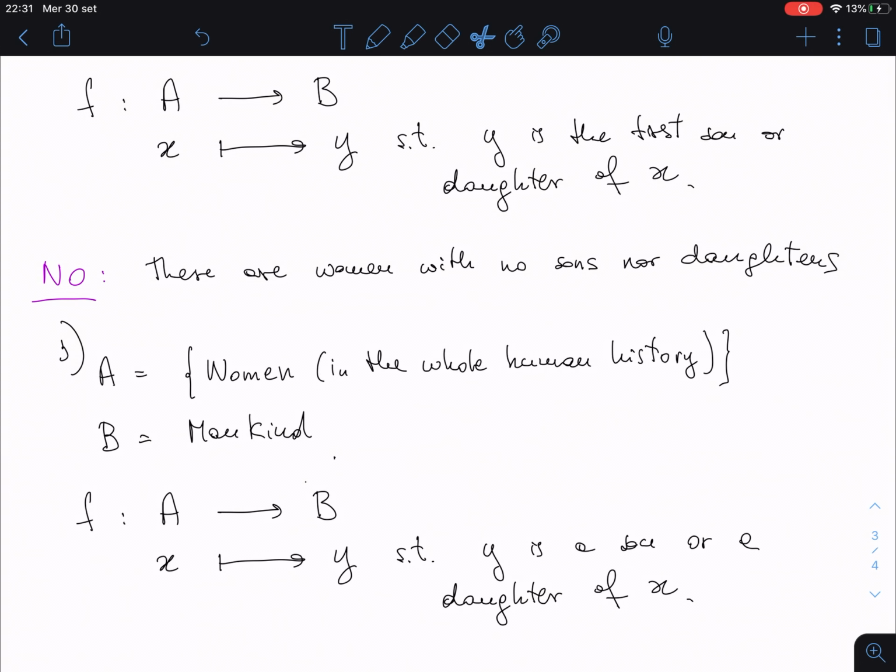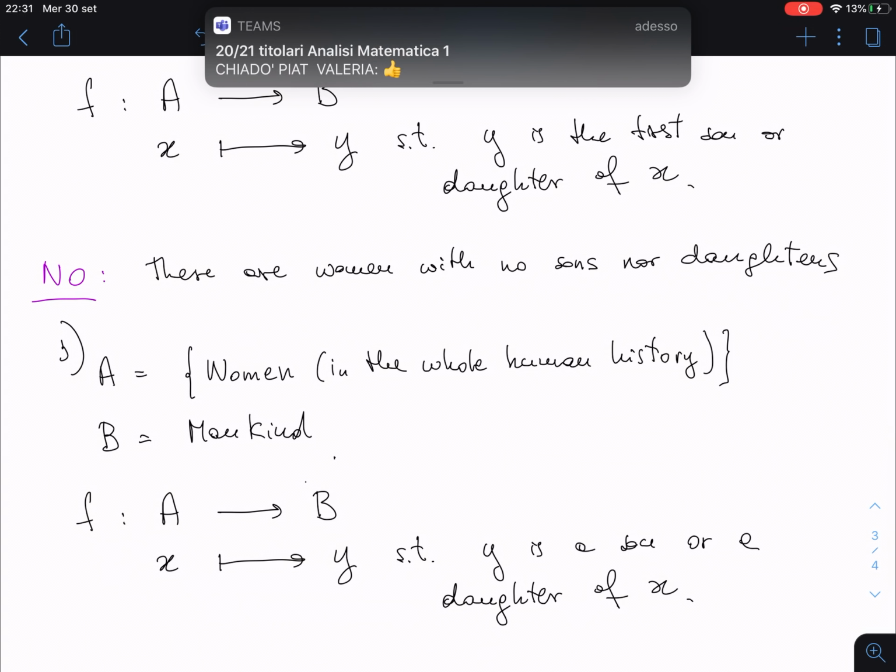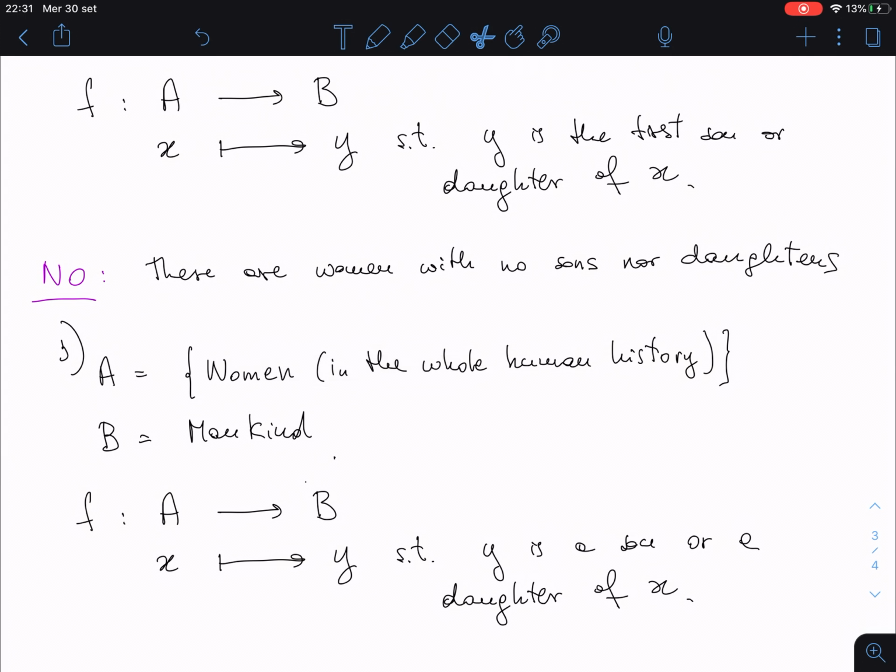So, the third example, again, women in the whole human history, with offspring. And B is mankind.